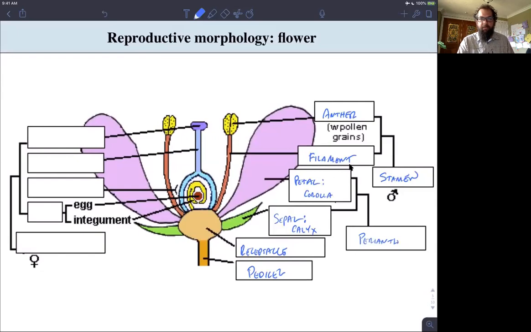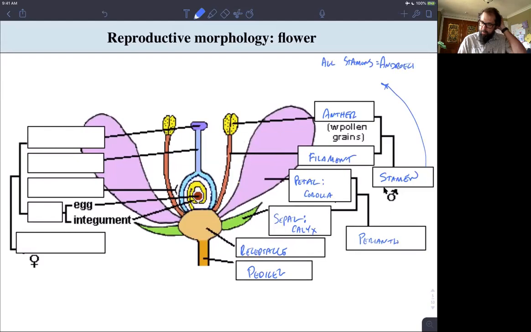So the anther and the filament together make up the stamen, which is the male reproductive part. All of the stamens together make up that whole male reproductive whorl, and this is called the androecium.